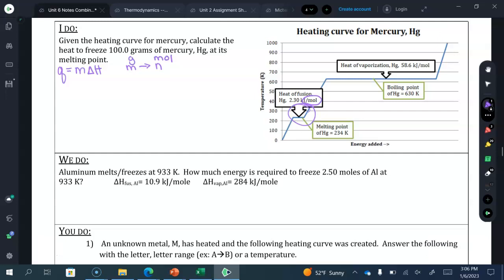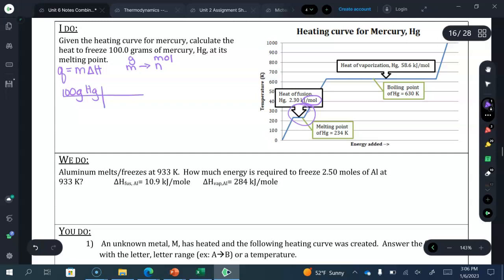Doing that, first we take 100 grams of mercury and change that to moles. One mole of mercury has a molar mass of 200.59 grams. And this is 100.0 because we have 4 sig figs, so 0.4985 moles of mercury.